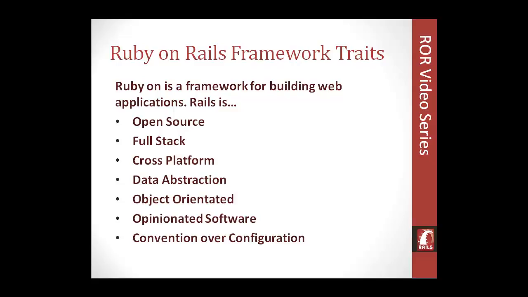And Ruby on Rails is opinionated software, and that's a fairly new term, and it means that the software, the system, talking about Rails, kind of guides developers into doing the right way of programming, of making web apps.